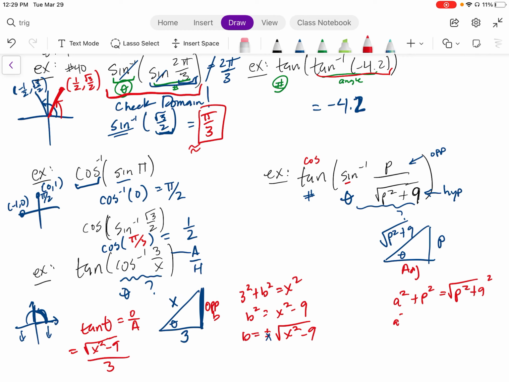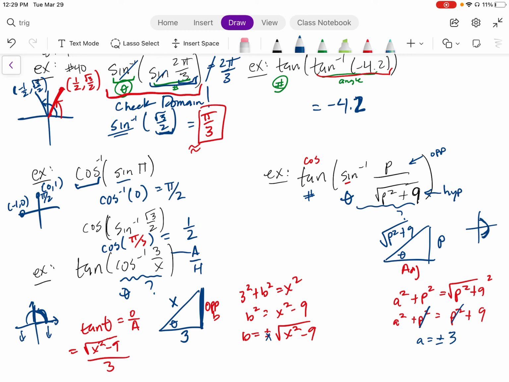Simplifying this, we have a squared plus p squared equals p squared plus 9. Subtract your p squared. Those will cancel. So a squared is 9, which means a is plus or minus 3. But again, we don't need the negative. And once again, you could see it. Sine inverse would be in quadrant 1 or 4, right here.